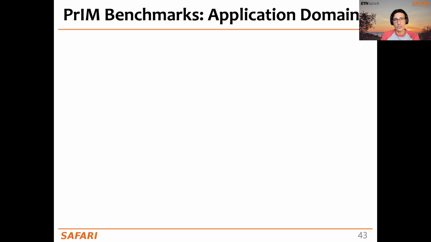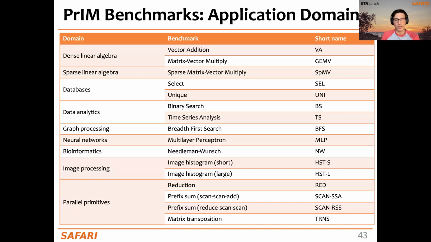In this slide, you can see the whole list of workloads currently included in the PRIM benchmark suite and their different application domains, from dense and sparse linear algebra, databases, data analytics, graph processing, neural networks, bioinformatics, image processing, and parallel primitives.